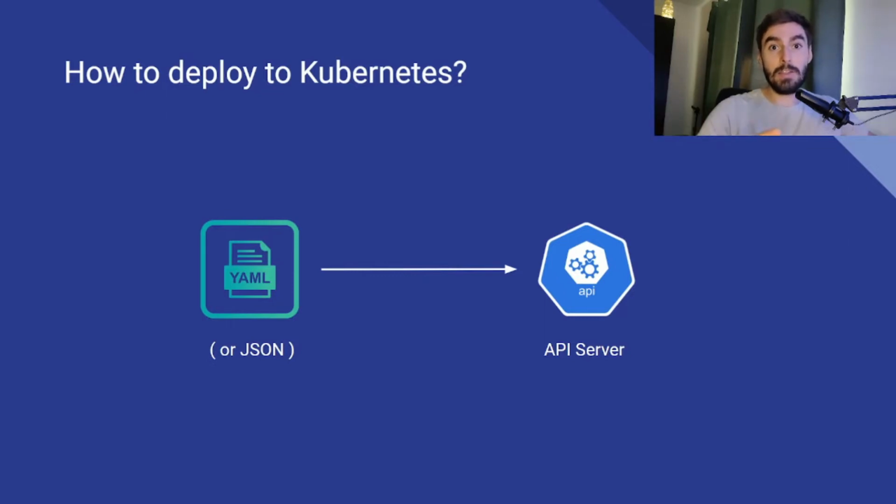And in the body of your request, you need to tell it what you want it to create for you. I know this is not very easy to understand, but basically, as you can see here on the screen, you just need to send it a YAML manifest or a JSON manifest. So this is the manifest of the object that you want the API server to create for you.